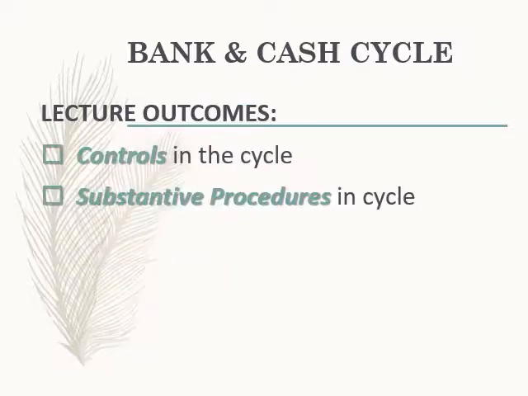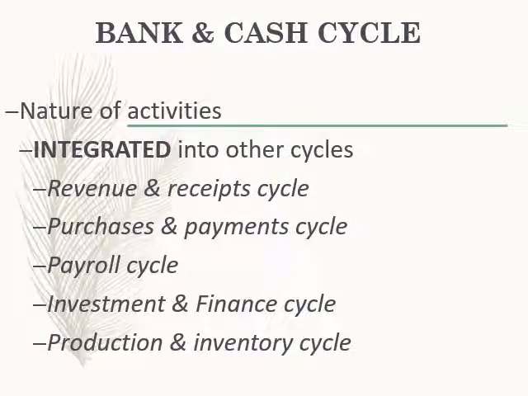Okay. The outcomes, once again, we would need to understand the characteristics and the nature of the cycle so that we are able to assess the controls in the cycle and perform substantive procedures over the transactions and balances in the cycle. Okay, so the nature of the bank and cash balances are that they are integrated into the other cycles.